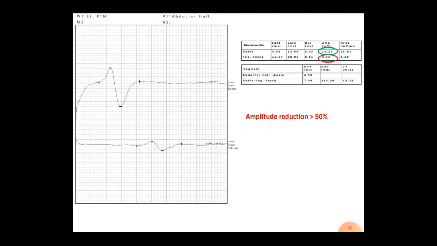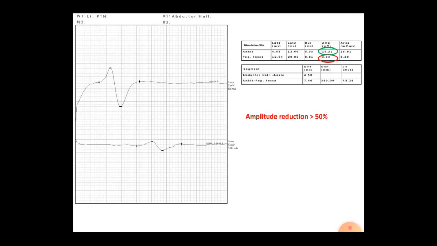Now we have to compare the amplitude. If we stimulate at the ankle, the amplitude is 15.21, and if we stimulate at the popliteal fossa, the amplitude is 3.33. So here you can see that the amplitude with stimulation at the popliteal fossa is quite less as compared to the amplitude when we stimulate at the ankle.